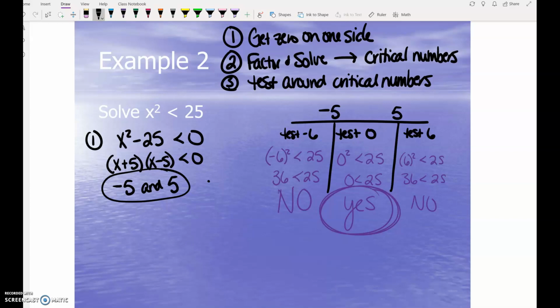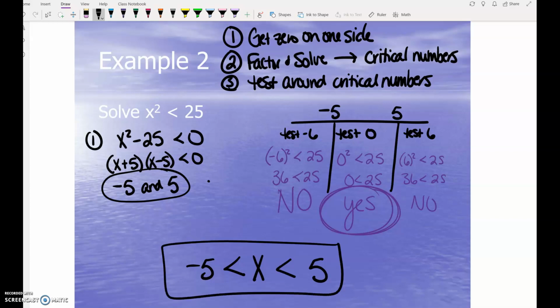Now, how do we write that? We want our x values to be in between -5 and +5. So x needs to be bigger than -5 and smaller than 5. -5 is less than x is less than 5. If you're doing interval notation, that would be -5, 5.